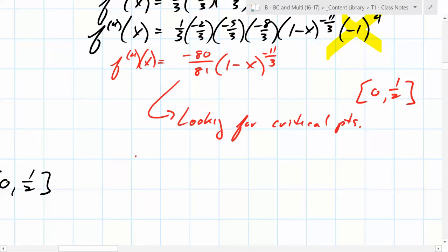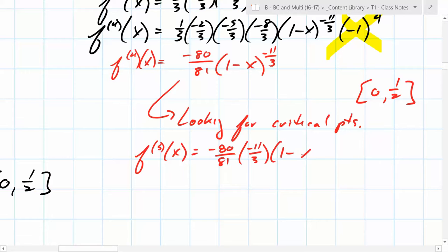So what do you end up with? F5 of x will equal what? -80 over 81 times -11 over 3, 1 minus x to the what? Times what? Well, it's just -1 now. It was -1 to the 5th, so it's just -1.